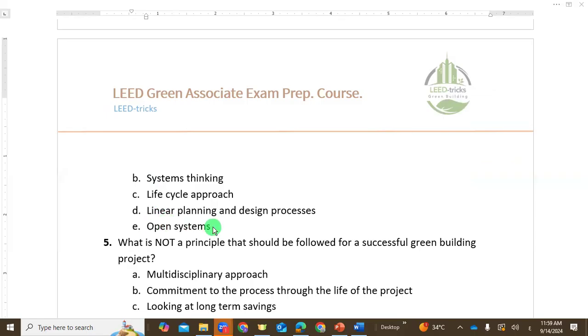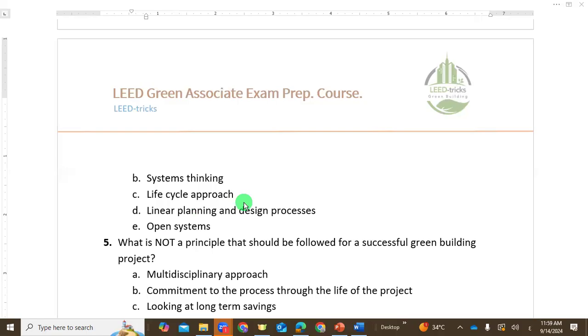Open systems are good or no? We said bad. Open systems generate waste. Linear planning is good or no? No, we said linear planning means it's not integrative. It's a linear process, not an integrative process. So I delete this. What is the remaining? Life cycle approach. Suppose I don't take life cycle approach. I don't know life cycle approach. It will be in the next chapters, but I can answer the question.